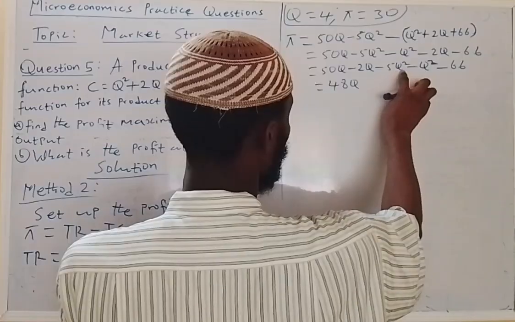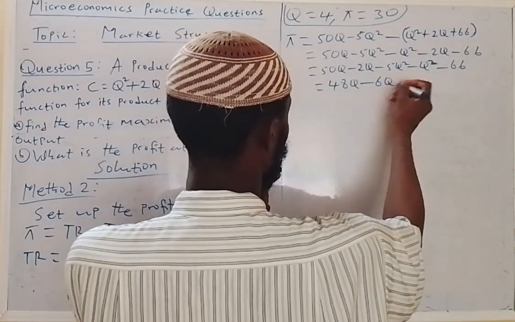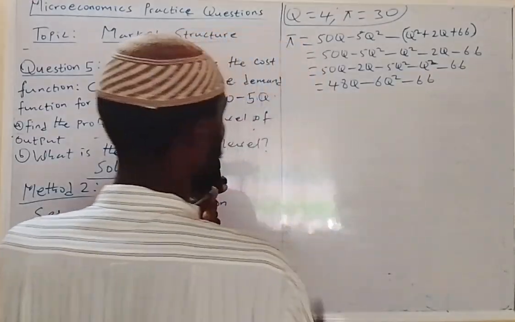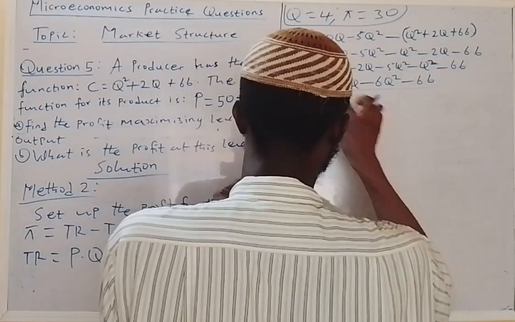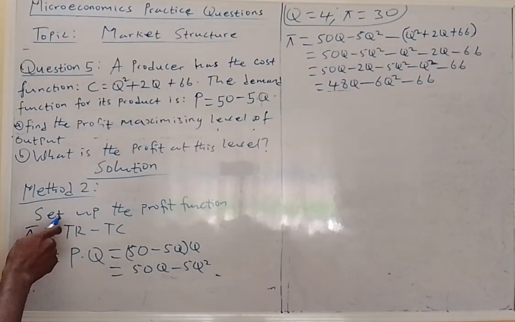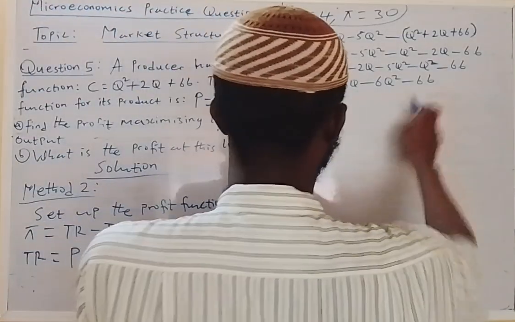Then we have minus 5Q squared minus Q squared, so we have minus 6Q squared, then minus 66. This represents the profit function that we wanted to set up initially.